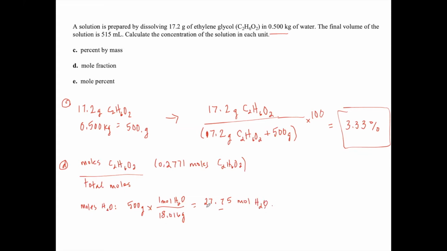Okay, so I am taking this value, I'm going to insert it here. So we're dividing 0.2771 moles of ethylene glycol by the sum of the moles of the ethylene glycol and the water.